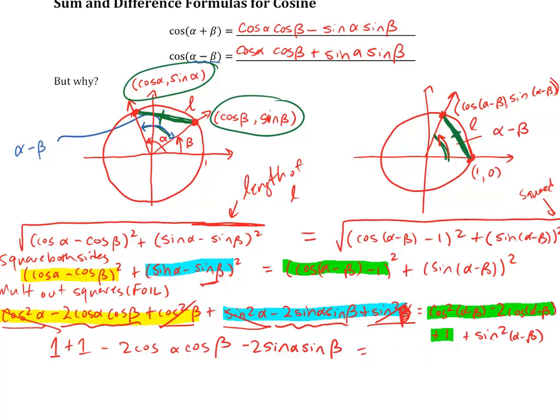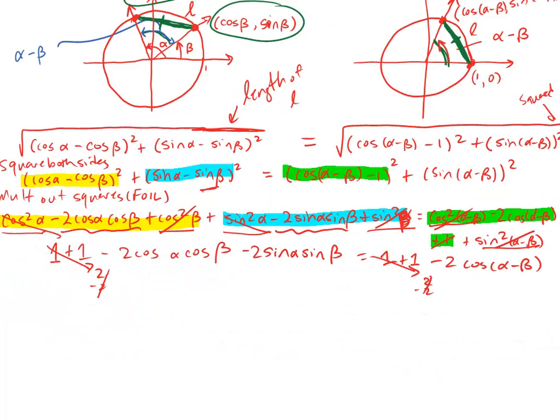Okay, now on the right hand side, what do we have left? We have a cosine squared and a sine squared, which is going to give me a 1. We have this other plus 1 from here, minus 2 cosine of alpha minus beta. Now notice you've got a 1 plus 1, which gives me a 2, but you've also got a 1 plus 1 over here that gives me a 2, and if you subtract 2 from both sides, they're gone.